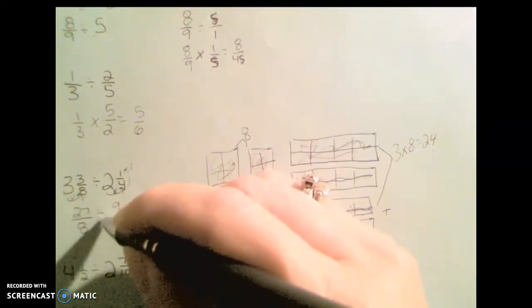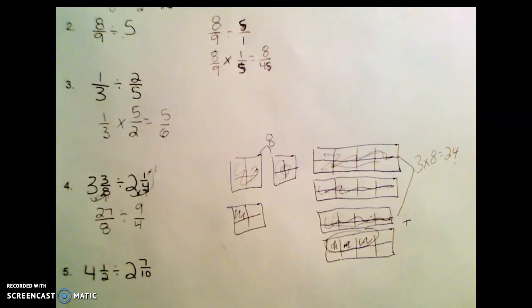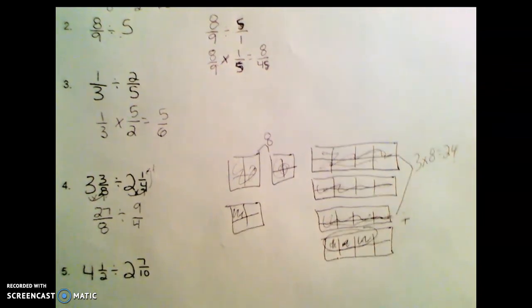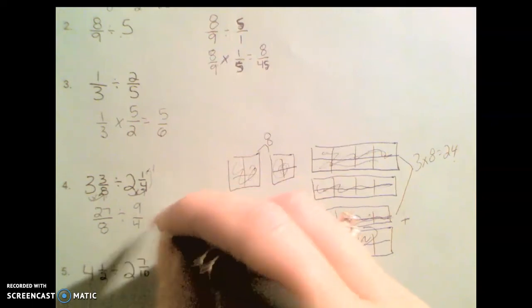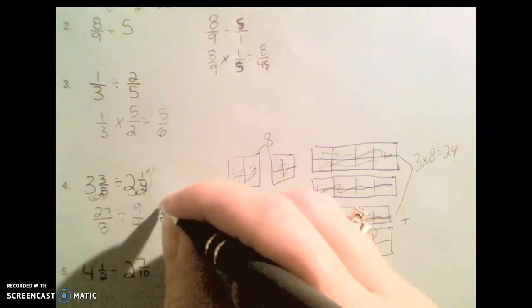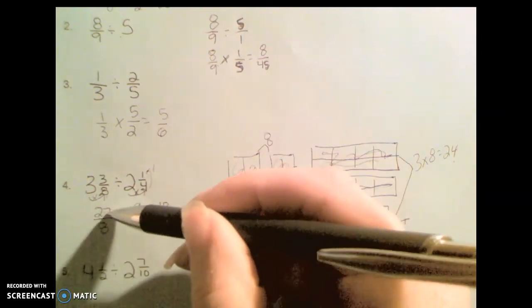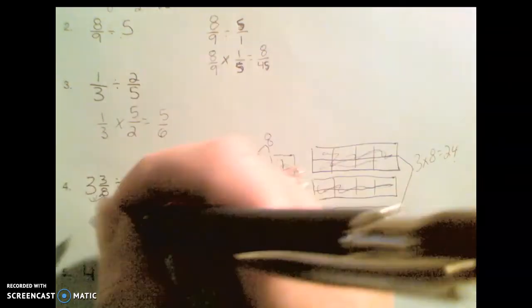So I have 27 eighths, and I'm trying to break them into 9 fourths. I noticed that I could unitize fourths into eighths, so 9 fourths is the same as times 2 times 2. I have 18 eighths. So in 27, how many 18ths do I have? I would only have 1.